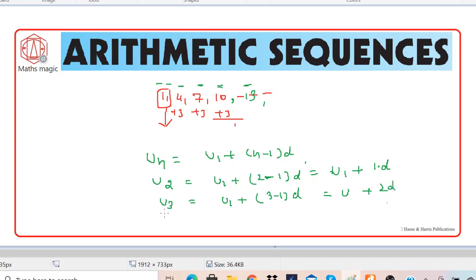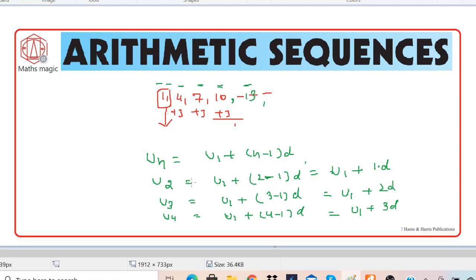Now if you replace n with 4, then it becomes u1 plus 4 minus 1 d, which is u1 plus 3d. So you can see this interesting pattern.